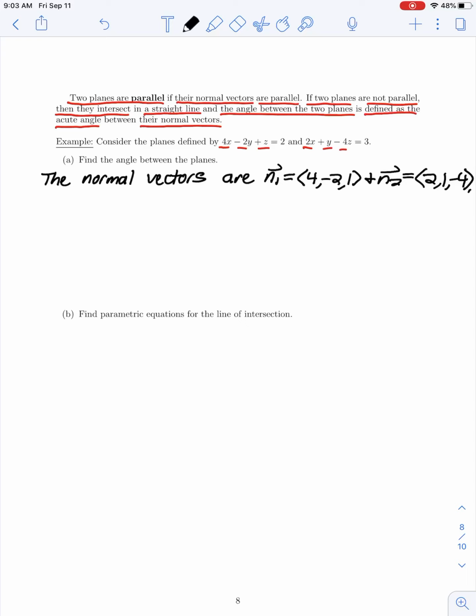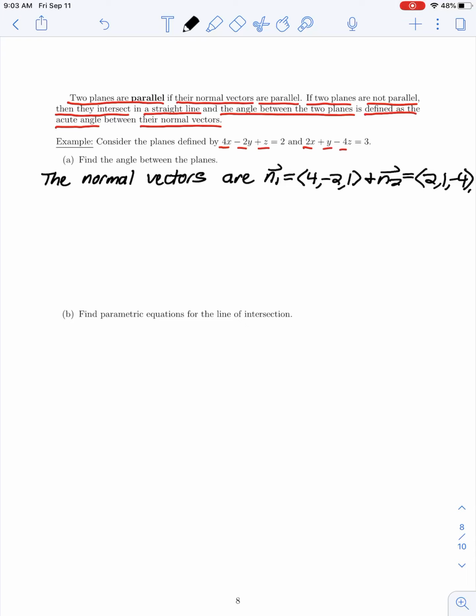And we can see pretty clearly that these two vectors are not parallel. One is not a scalar multiple of the other, which implies that our two planes are not parallel. Now, to find the angle between these planes, we need to find the angle between these two normal vectors.